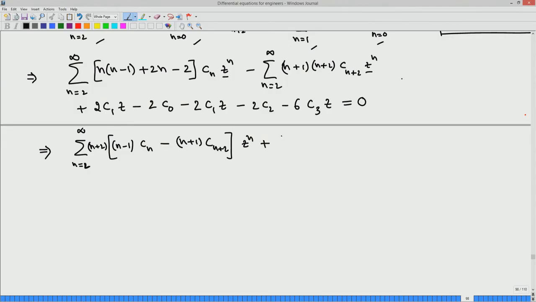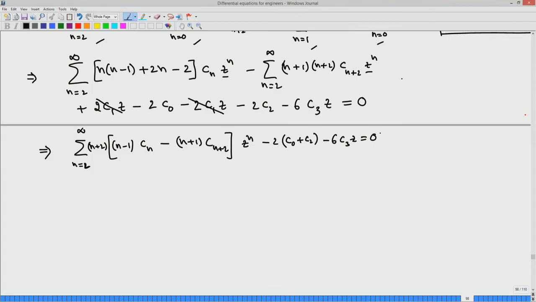Now, I can write 2 C naught minus 2 C naught plus C 2 together, and what about z? It is 2 C 1 z, and 2 C 1 z cancels. What you have is minus 6 C 3 z equal to 0. Okay. So, the right side is a power series with zero.